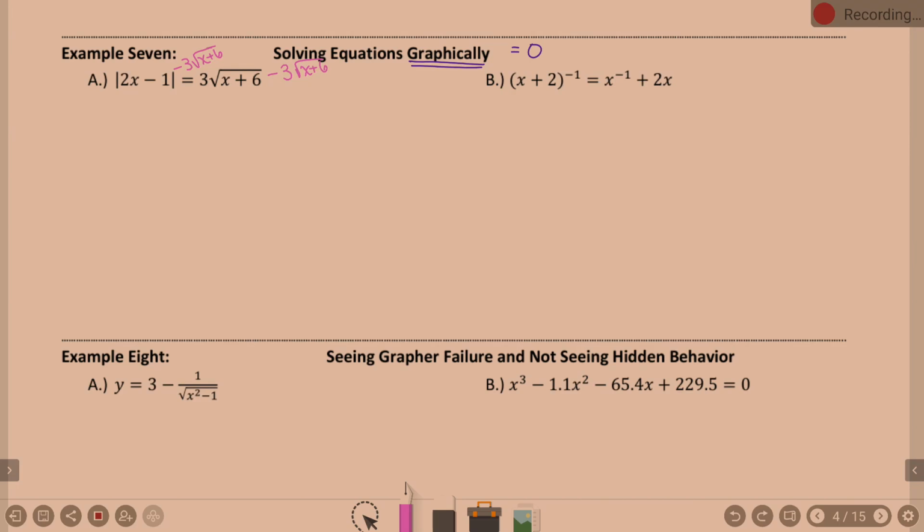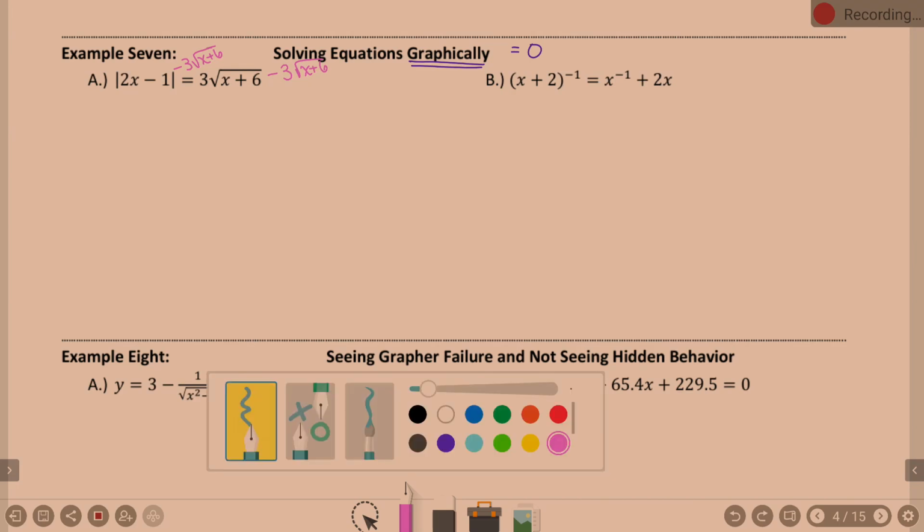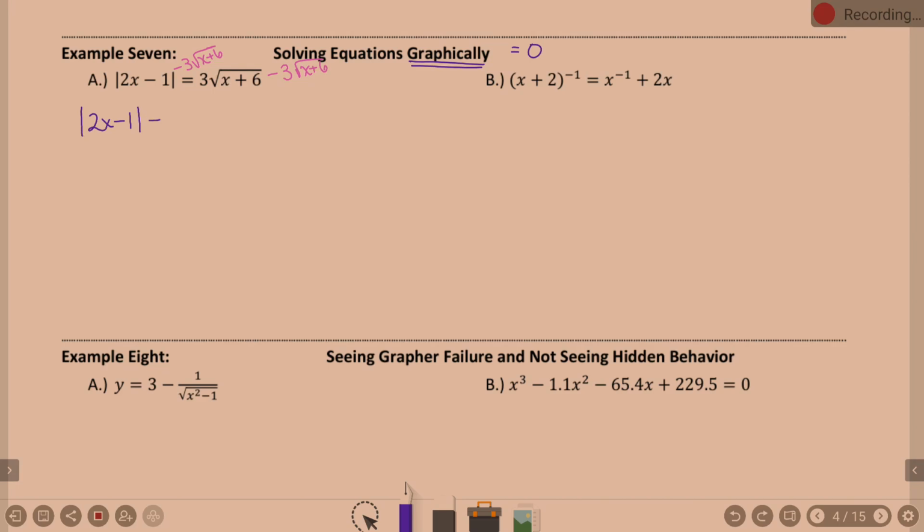So when I write this out, absolute value of 2x minus 1 minus 3 times the square root of x plus 6 equals 0. Once you have it equal to 0, that's what you're typing into the calculator.